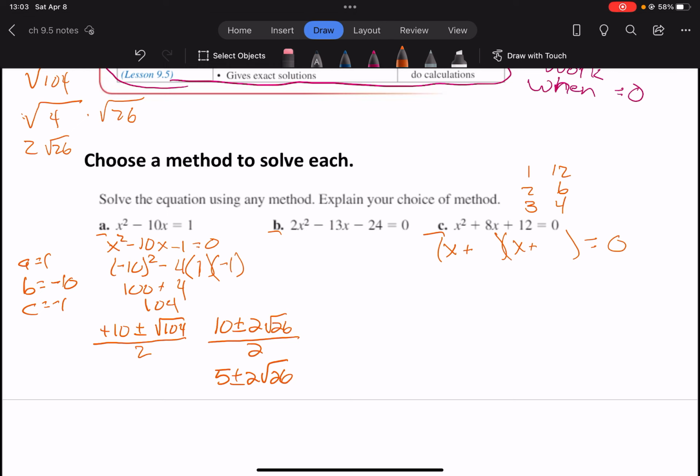Factors of 12 that add up to 8 is 2 and 6. And since they're 2 factors equaling 0, remember they're both inside parentheses, so we flip the signs on them. x has to be negative 2 and negative 6. If you want to set each of them equal to 0 and solve it, you'll get the same thing. Makes my life easier.